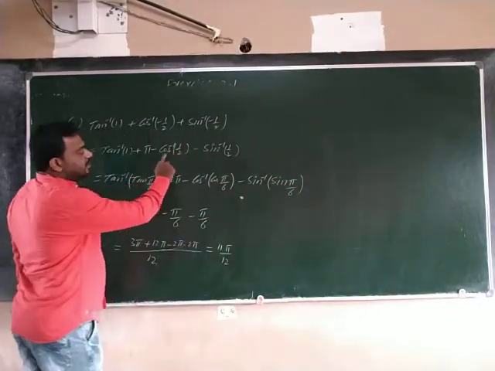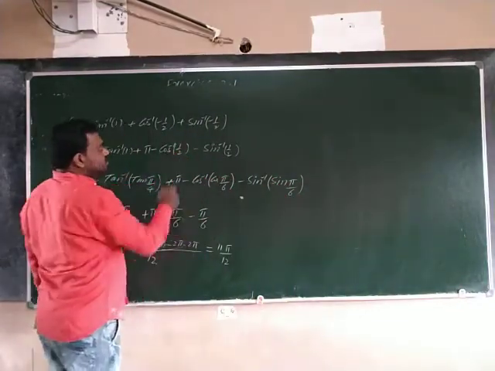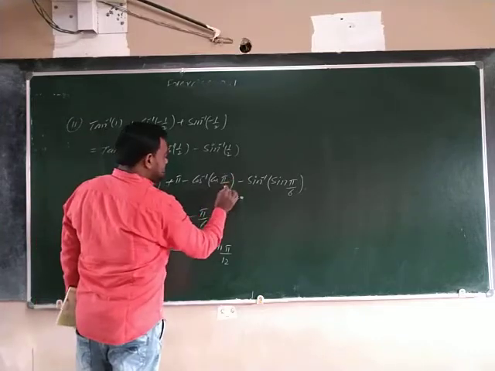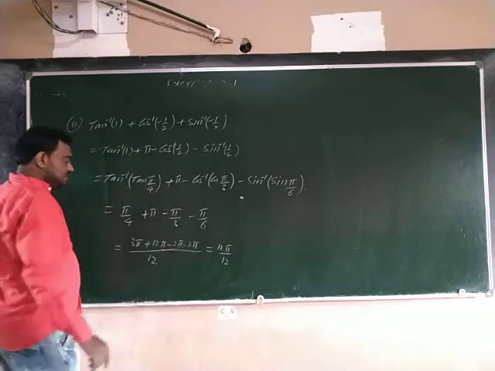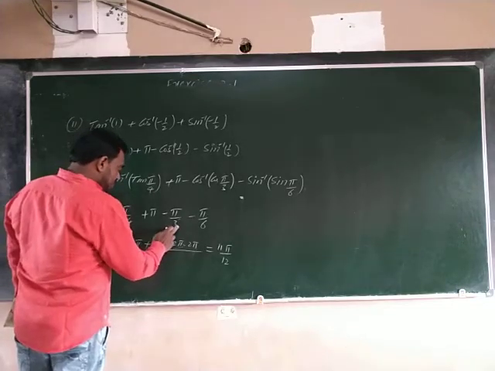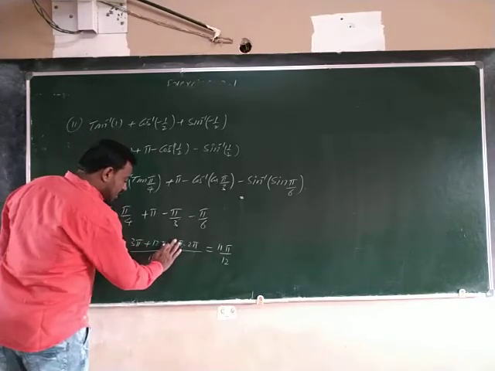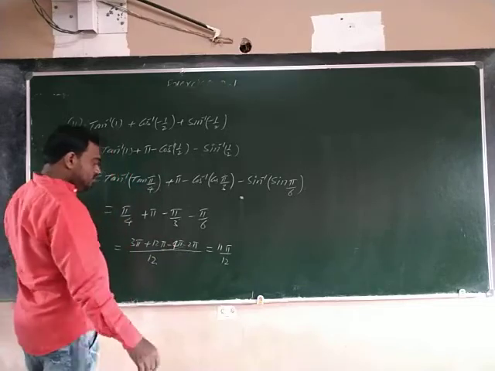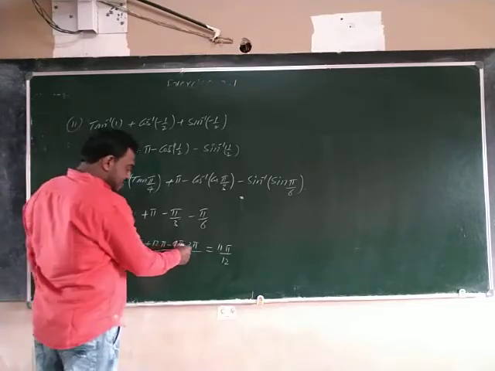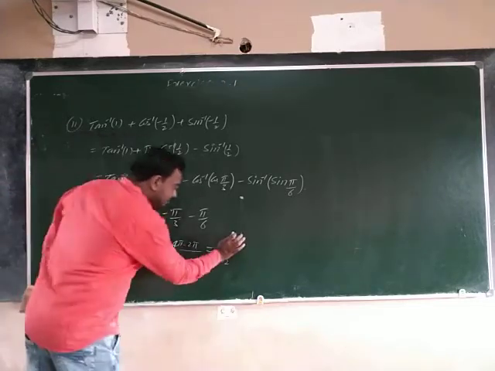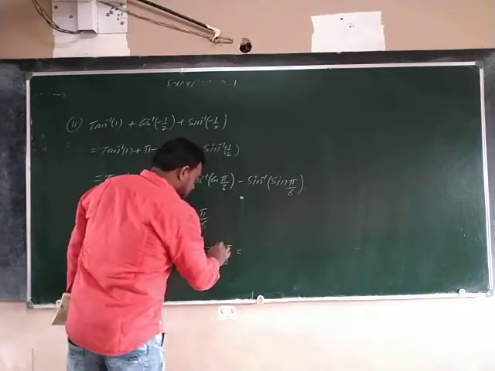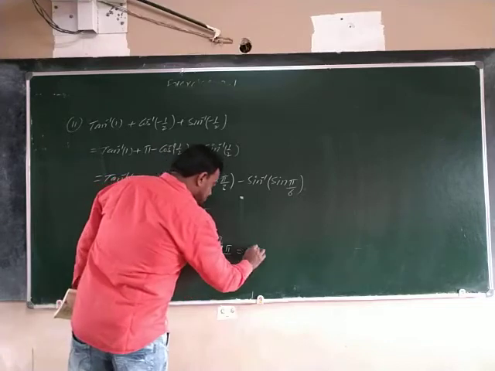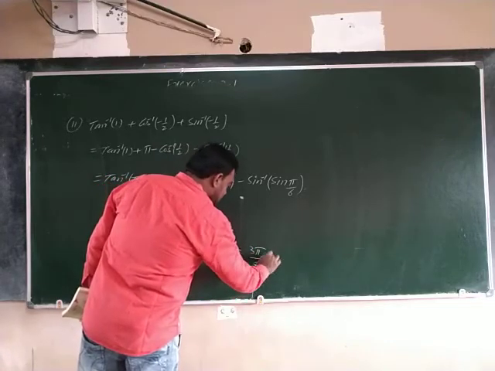Cos inverse of 1 by 2, what is the cos inverse of 1 by 2? 30 degrees, so pi by 3 here. Here pi by 3. So 12 is the LCM, correct. 12 in the 3 table, 4 times. Now this is 15 minus 6, 9 pi by 12. This is equal to 3 times, 3 4 times. 3 pi by 4 is the right answer.